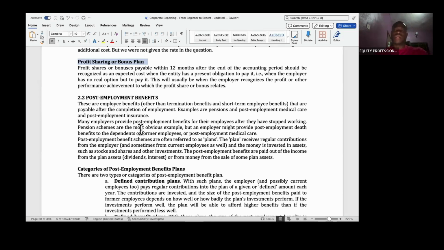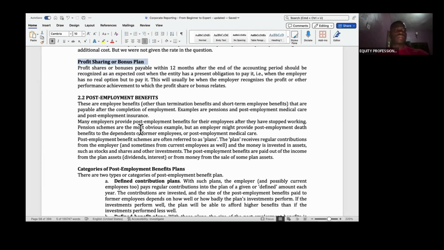Our normal salaries and wages, when the employee has worked, that's when we usually owe. So it is at that point that we recognize it in our books.